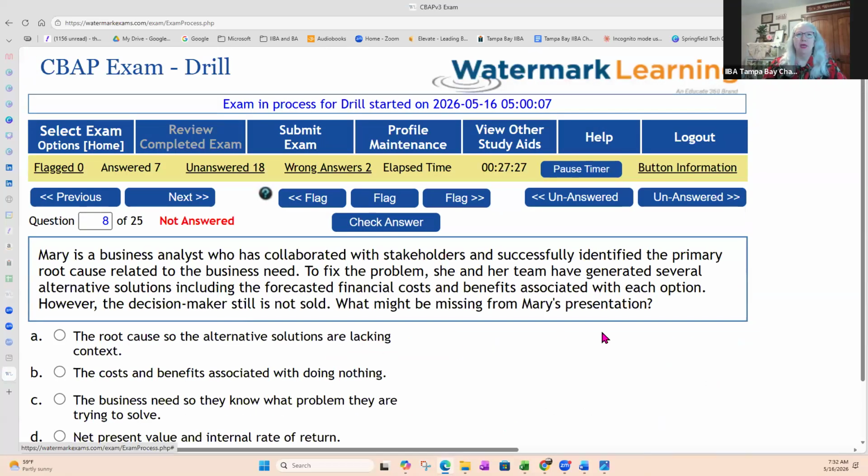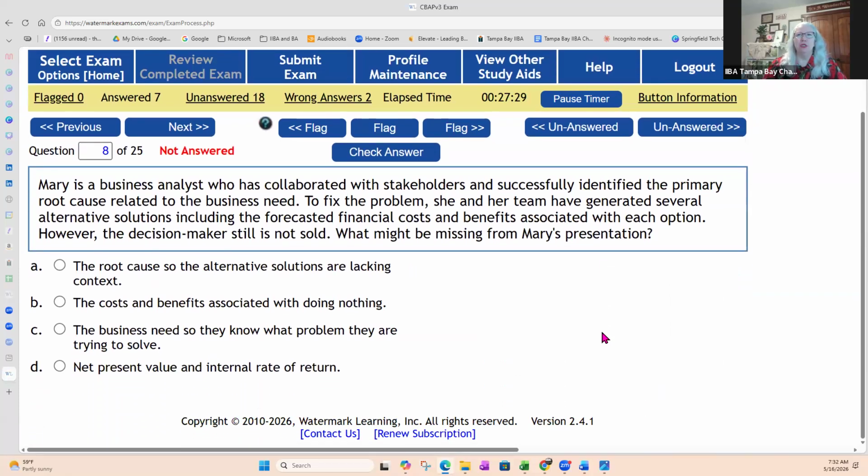Okay. Mary is a business analyst who has collaborated with stakeholders and successfully identified the primary root cause related to the business need. To fix the problem, she and her team have generated several alternative solutions, including the forecasted financial costs and benefits associated with each option. However, the decision makers are still not sold.